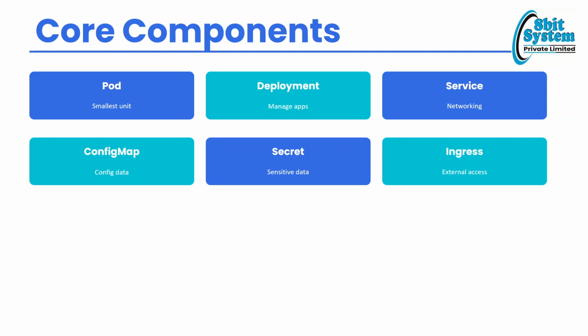Ingress routes external traffic to your application. These objects work together like building blocks. A Deployment creates pods, a Service exposes them, and ConfigMaps and Secrets manage the configuration. Everything is declarative. You say what you want, and Kubernetes makes it happen.